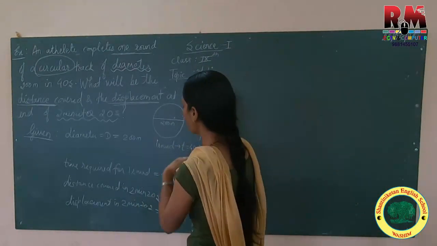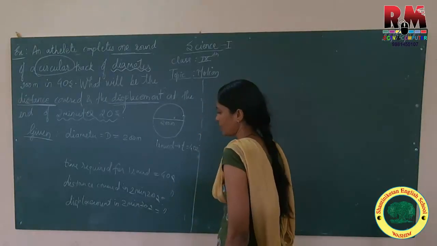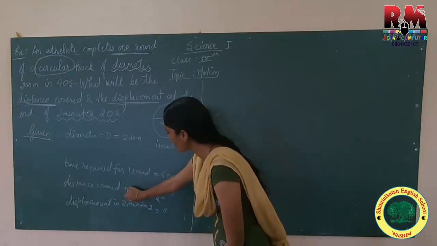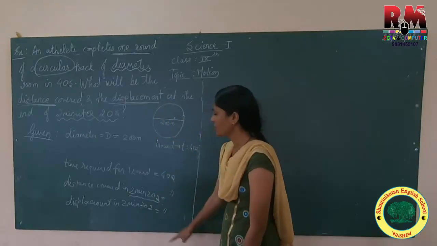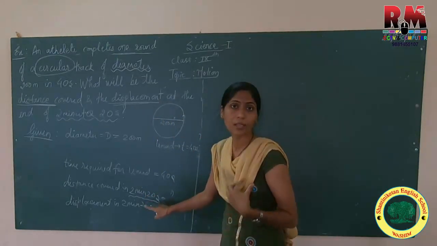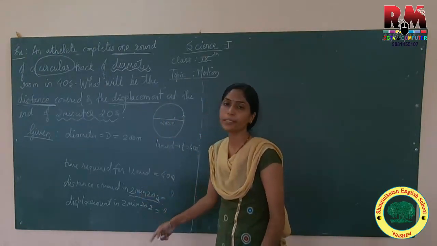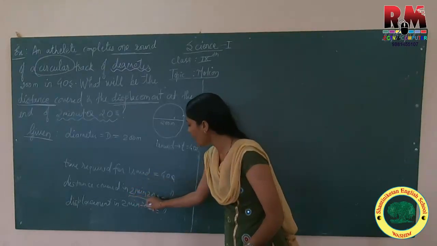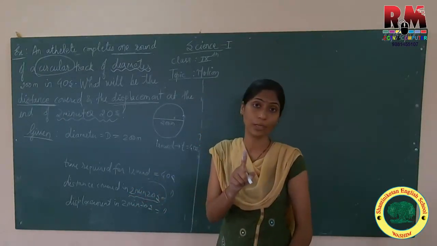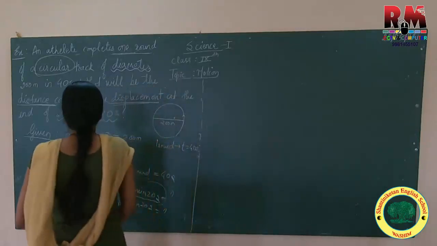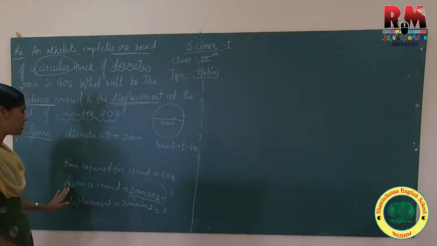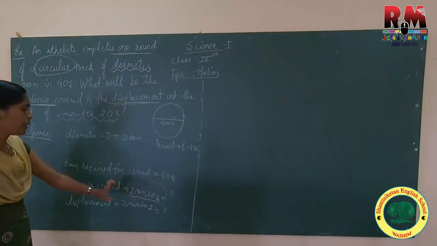Very first, distance covered in 2 minutes 20 seconds. So let us first make it simple. This is in minutes and seconds, so we can convert this minute into seconds. The whole part we have to convert in SI unit. Then distance is asked, distance covered in 2 minutes 20 seconds.